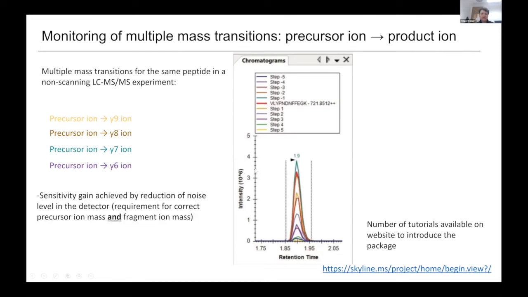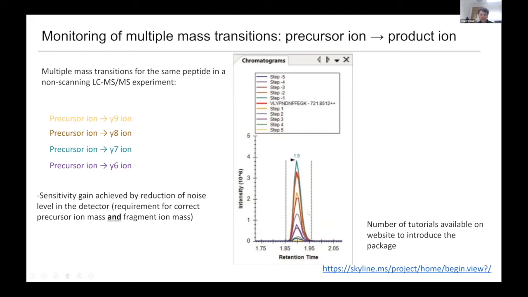We can then plot that as a function of retention time. What we expect is that any of these mass transitions that belong to a given peptide should all cluster around the peptide retention time, essentially the characteristic retention time at which the peptide elutes from the chromatography column.